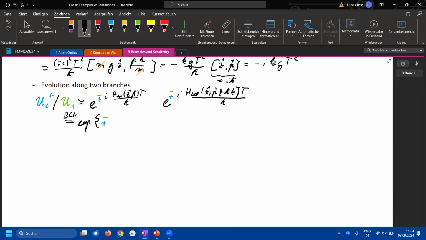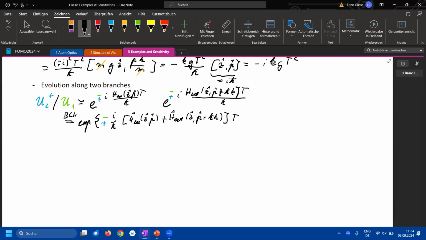And now we are having i over h bar, the Hamiltonian H external of z and p plus H external of z and p plus h bar k, multiplied by T. And here this is, of course, all operators.